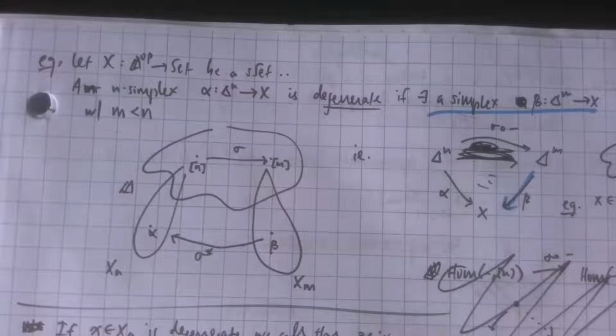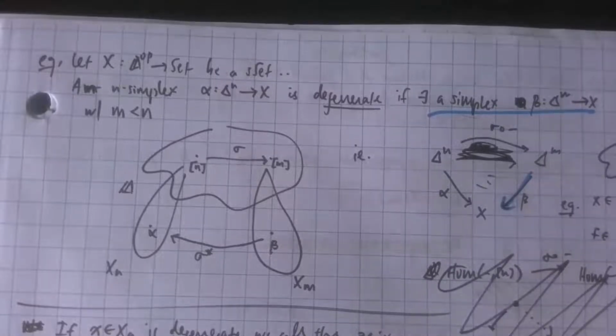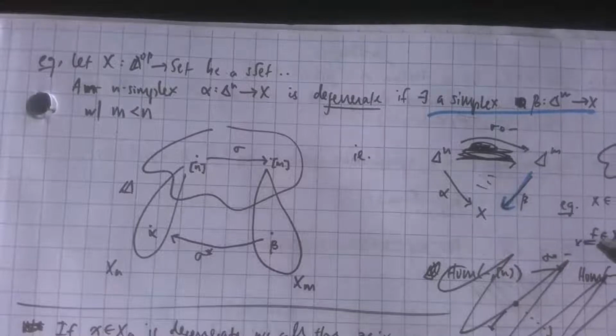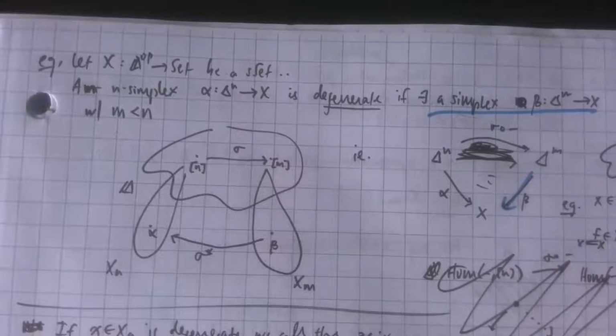Let's say you have an f in the edges, and this is a degenerate simplex that factors through a point. The only degenerate simplices of this form are just identity maps from x to x. So given any simplex, you can form a degenerate thing by just sticking in an identity.